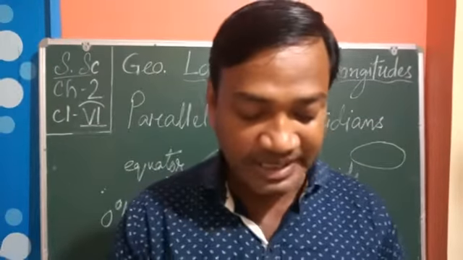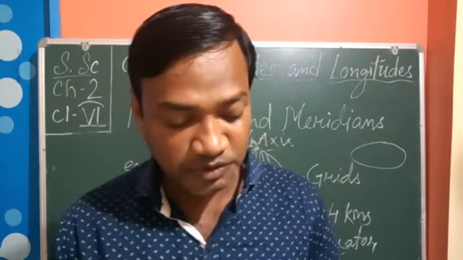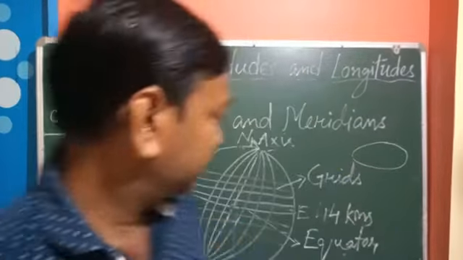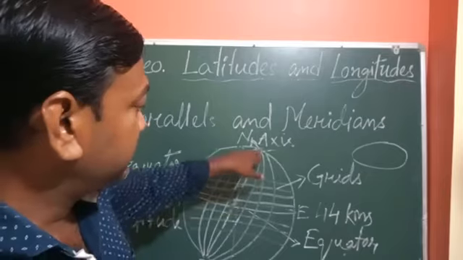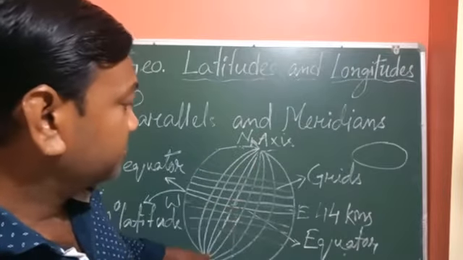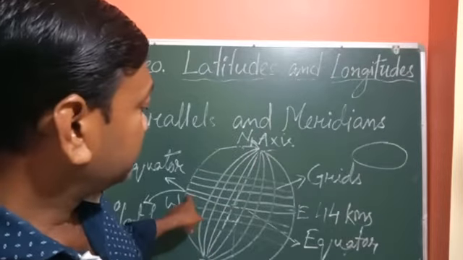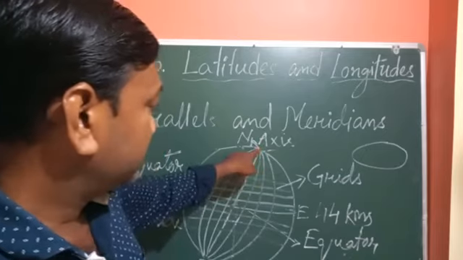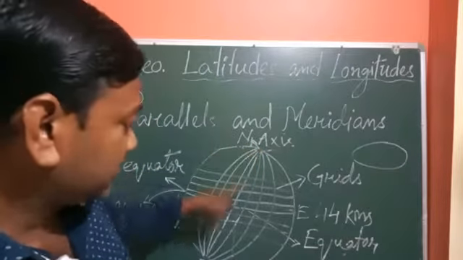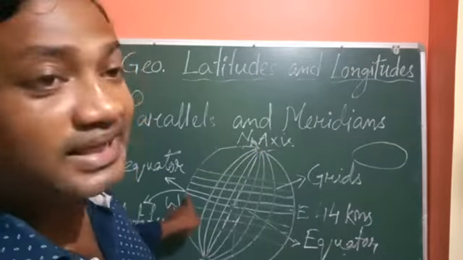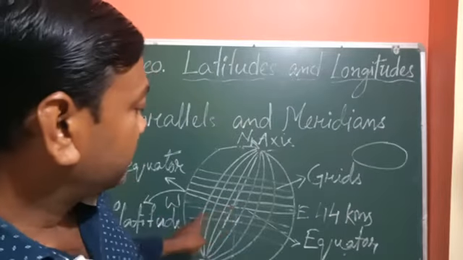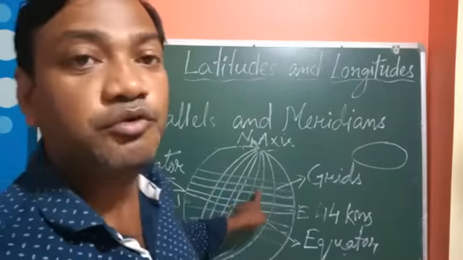The distance between the equator and the North Pole is 1/4 of a circle. So the distance from here to here is 1/4, because here we find 4 parts. This axis, that is North Pole to South Pole, intersects here, and we find 1, 2, 3, 4 parts.